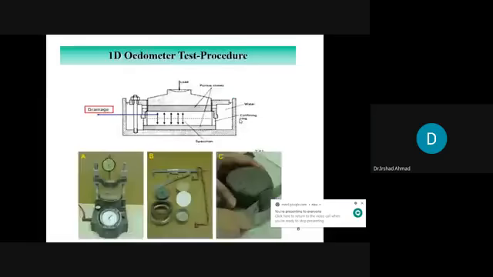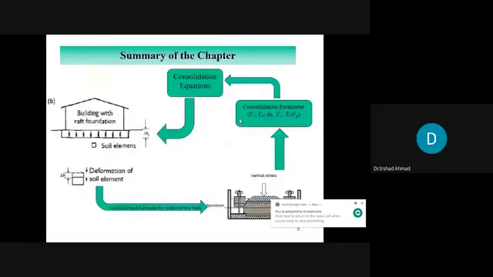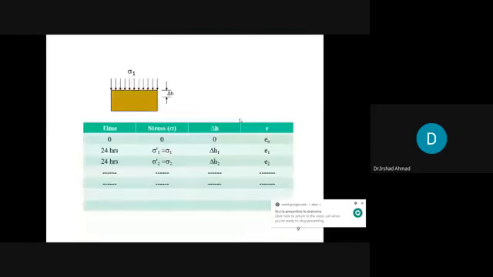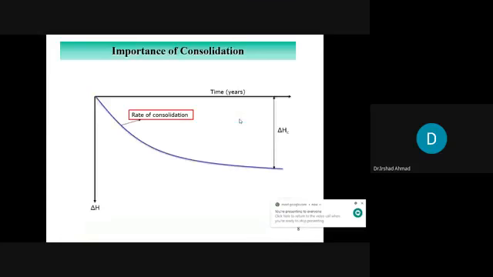So you see, this is a graph. In the x-axis we have time in years. On the negative y-axis we have foundation settlement of the building, right?